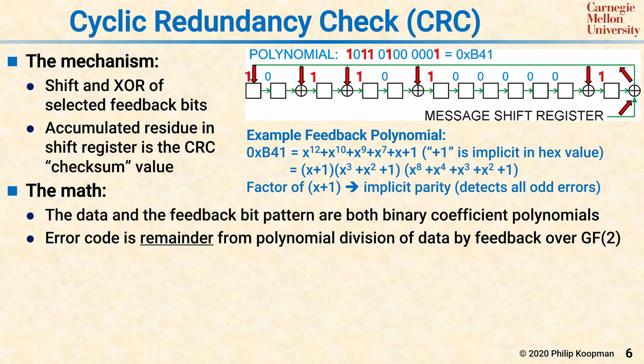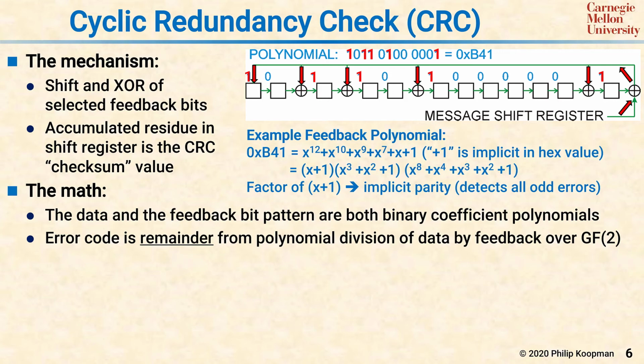The CRC calculation is doing a polynomial division over Galois field 2, which for our purposes means that it follows Boolean algebra rules instead of integer arithmetic laws, and the resulting remainder is the error code.